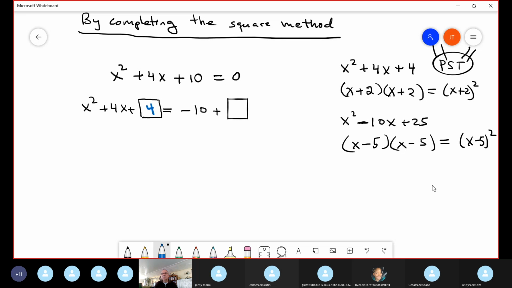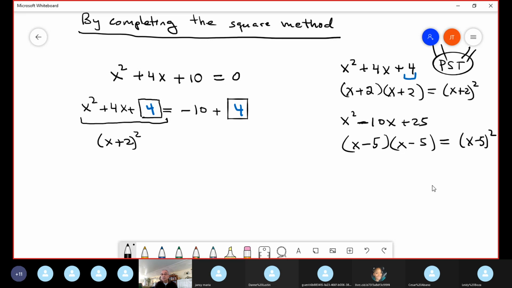You see before in this example, 4. In order not to affect my original equation, I put a positive 4 in the right-hand side, to keep the equilibrium of my equation. Now this trinomial is a perfect square, and I know very well that the factorization is x plus 2 squared.